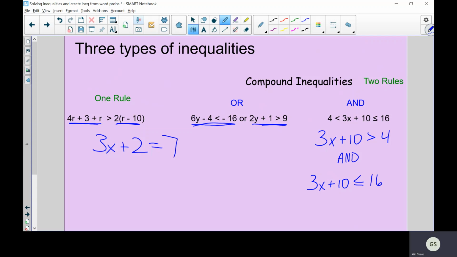So here's the difference. Oh, write this down, by the way. In a compound inequality, you have two rules. So two inequalities means two rules.